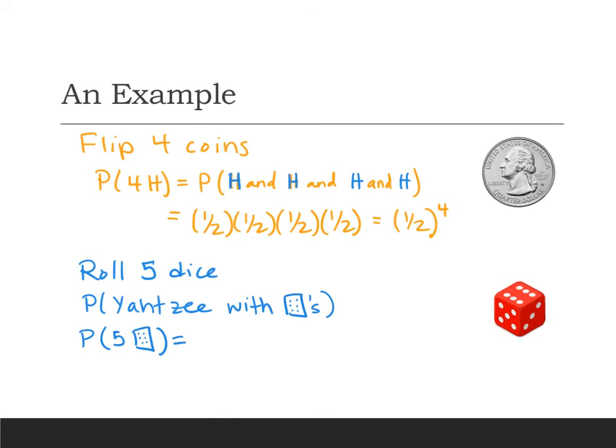Well, to get Yahtzee with 6s, then I need to know what's the probability of getting a 6, and a 6, and another. I can make that go even better if I copy the word.